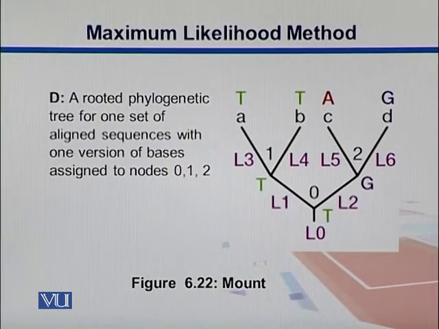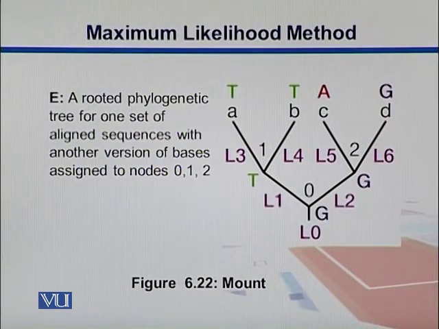In the second variant, the common ancestor is given the letter T, and again we can come up with its likelihoods. We can come up with different trees with different arrangements. Here we put the common ancestor as G. This variant also has L1 through L6.